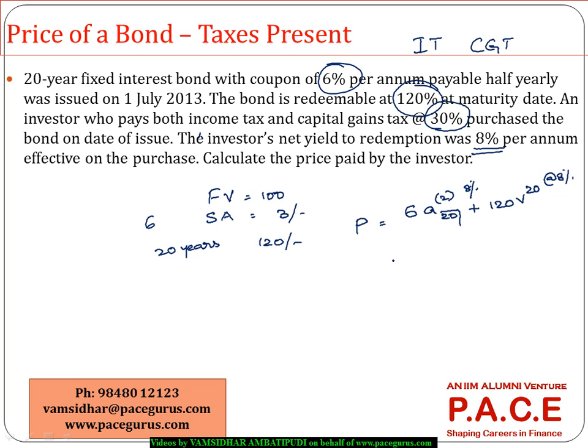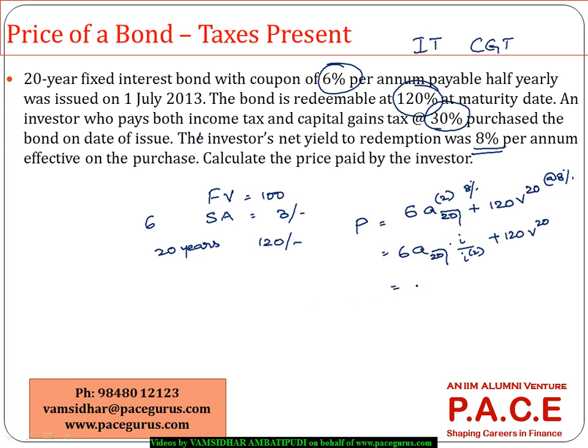What was the price the investor was willing to purchase this bond at? The price at which he is willing to purchase the bond, if the taxes were not there, is 6 times a-angle-20 into i by i(2) at the rate of 8%, plus 120 v^20 at the rate of 8%.